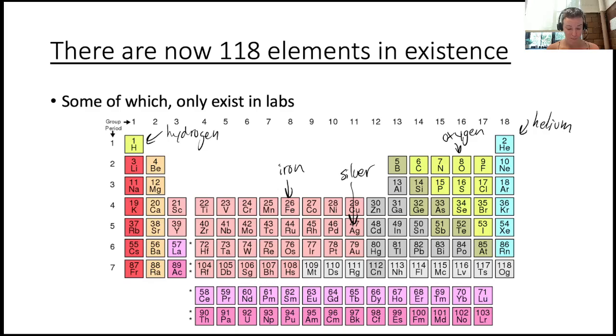Silver. And sodium. These are just a few examples of elements that you are likely familiar with coming into this class.